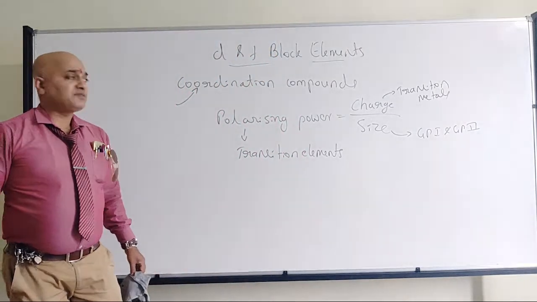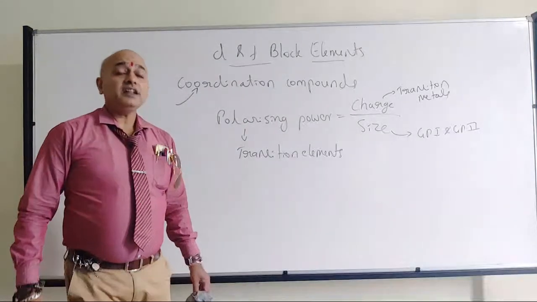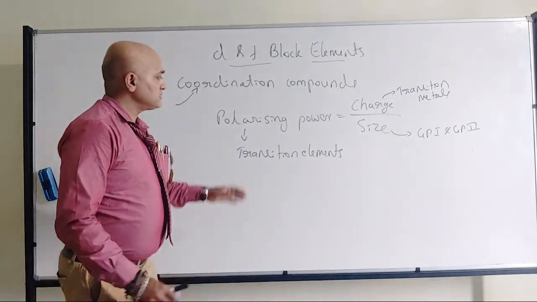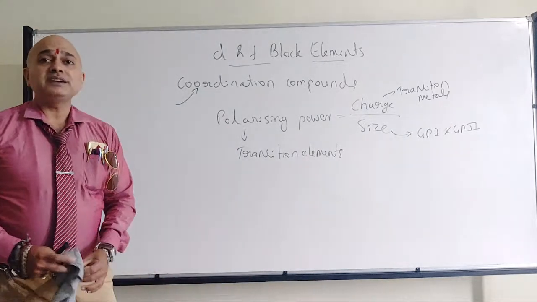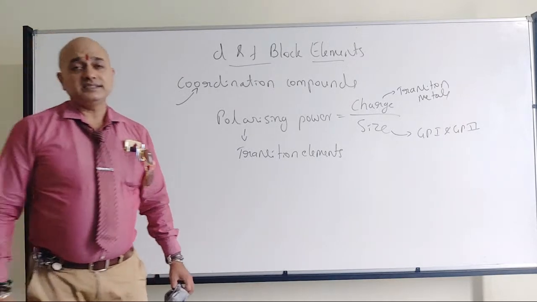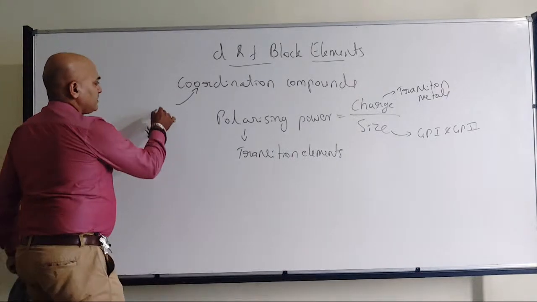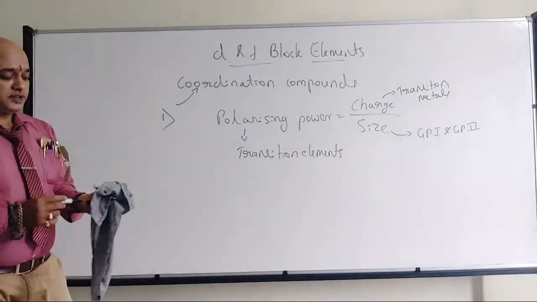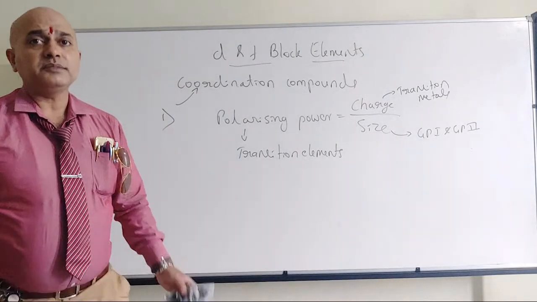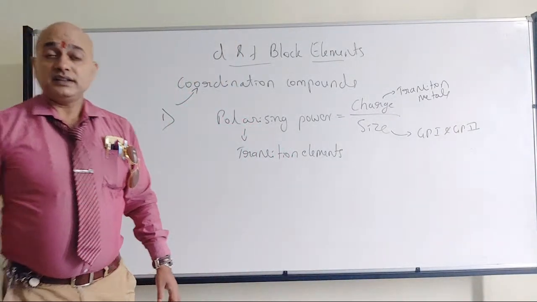With respect to negative and neutral ligands, transition elements can easily interact due to high polarizing power. That is one reason why coordination compounds are dominated by the transition elements or transition metals.